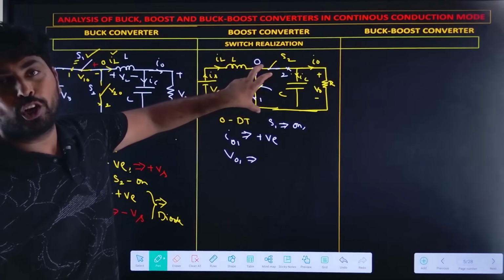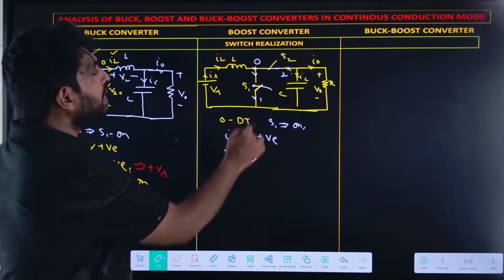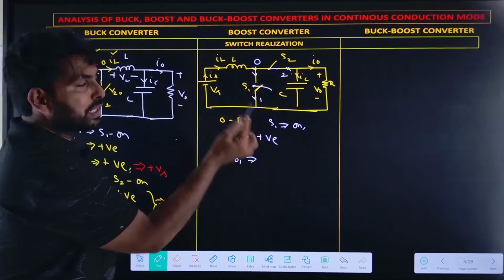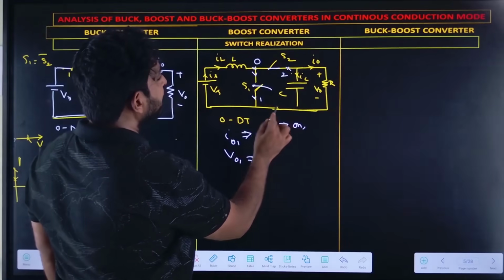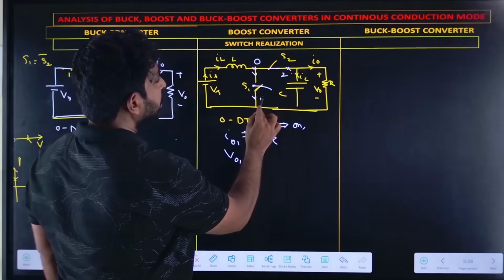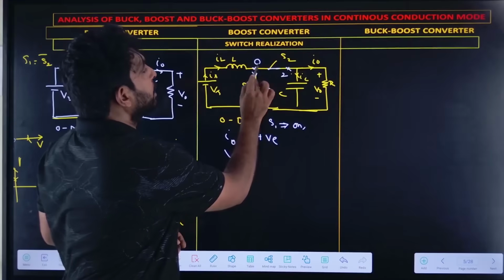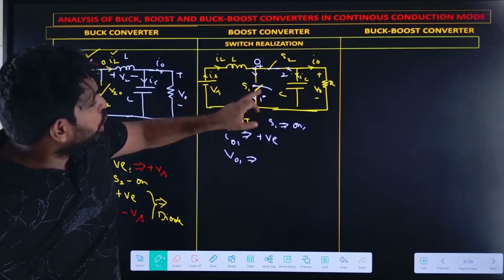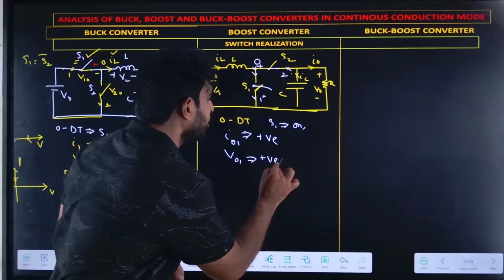Find the V01 polarity. If I close the switch S2, what happens? The polarity will be negative here and positive here. So V01 is positive.